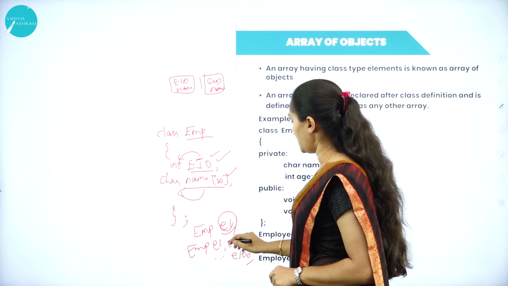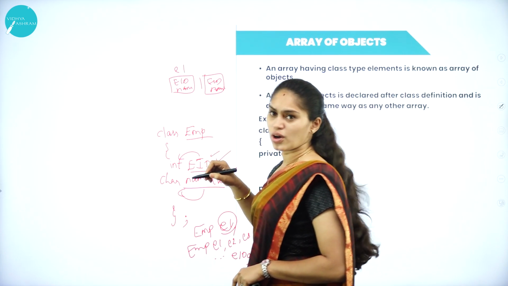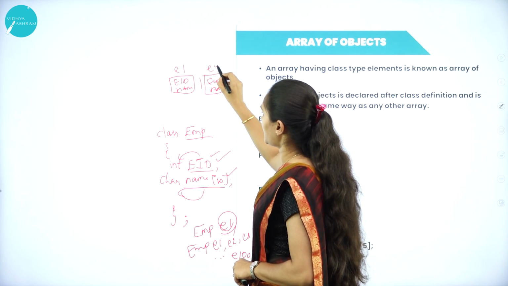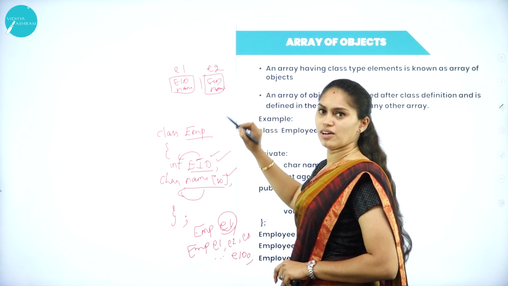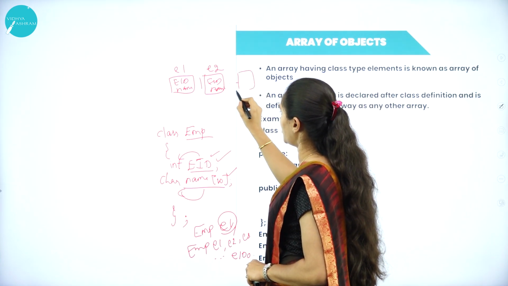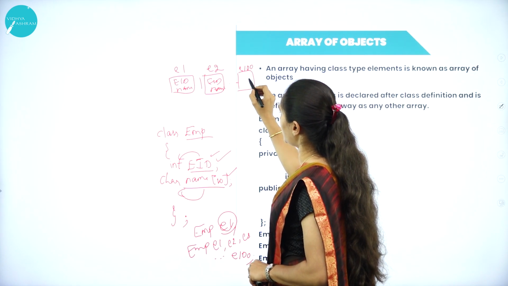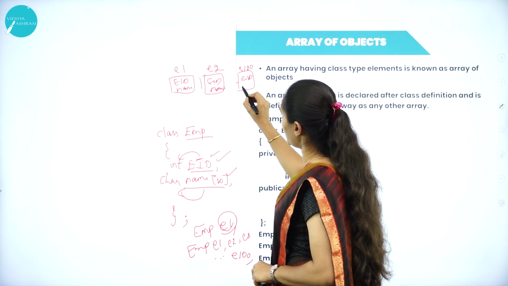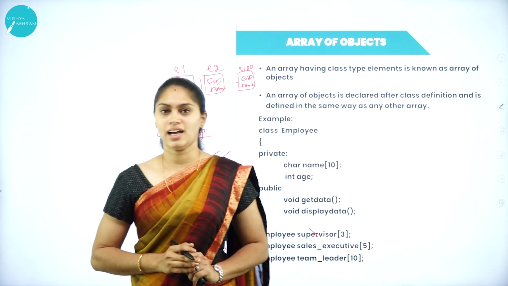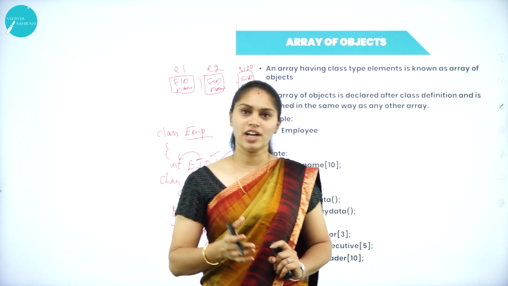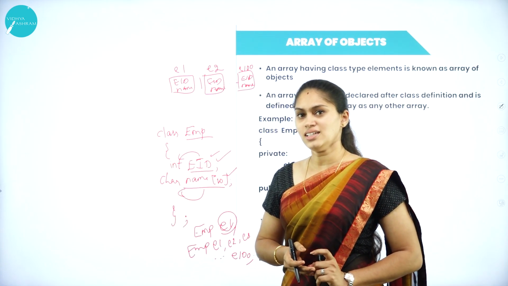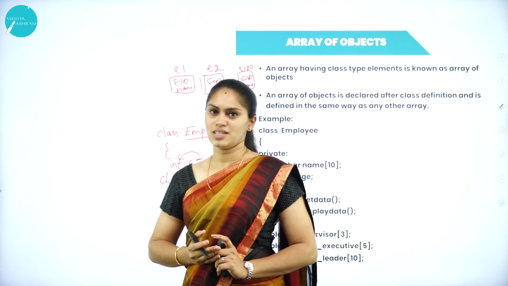If it is E1, then the first employee's ID along with the name will be stored in this memory space. If it is E2, then it will store the employee ID and name of the second employee, up to 100 employees. If it is E100, it will store the employee ID along with the name of that particular employee of E100. Is it okay to use more than hundreds or thousands? How are we going to remember all this data? That is somehow not possible, right?